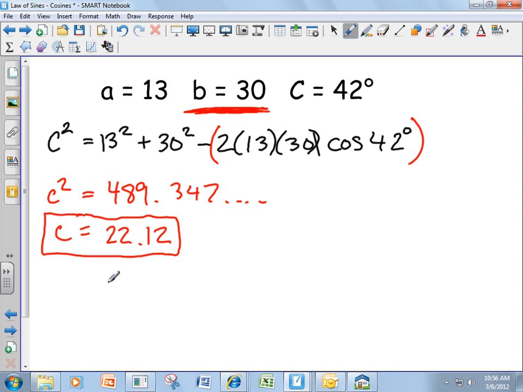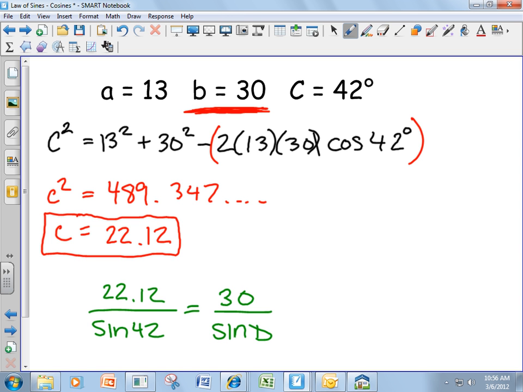All right, so I'm going to use law of sines with my C information, side C over sine of angle C equals side B over sine of angle B. Again, you can go ahead and do your cross multiplication here. Basically, we are going to have that the sine of B is equal to 30 sine of 42 divided by 22.12.